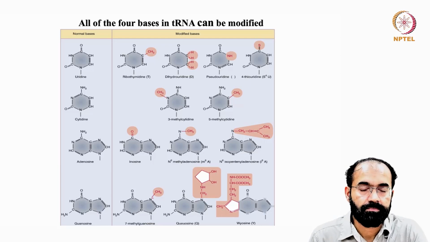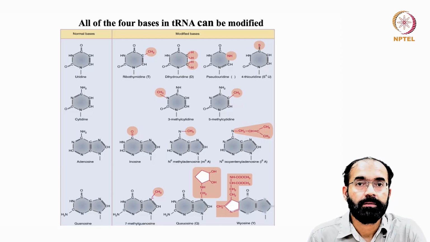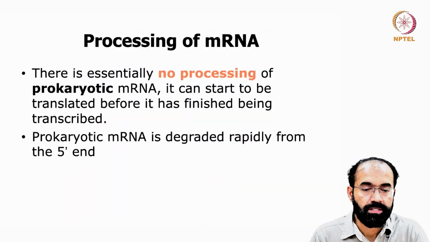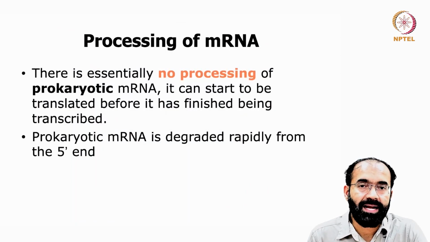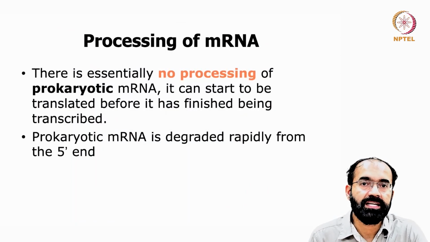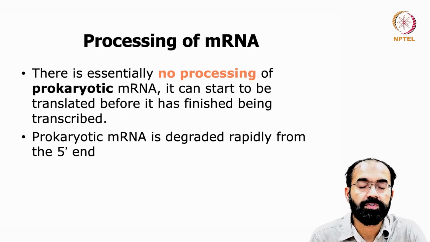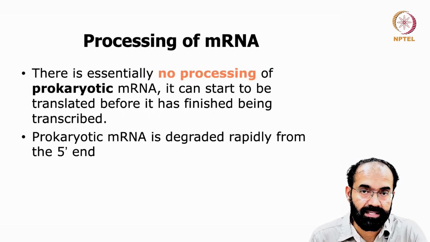Now let us come back to the routine processing of the mRNA and we will understand them in more detail. So in bacteria essentially no processing occurs. There is no processing of mRNA necessary.